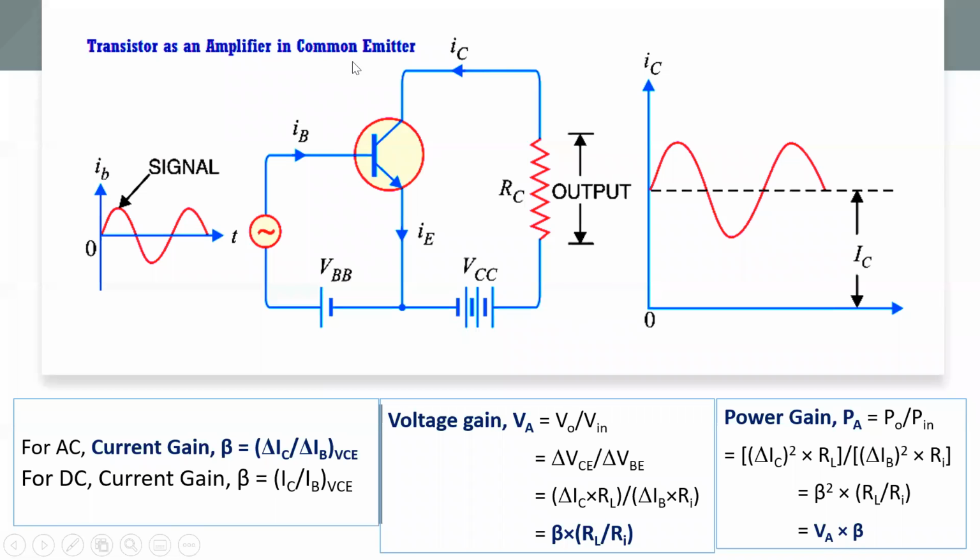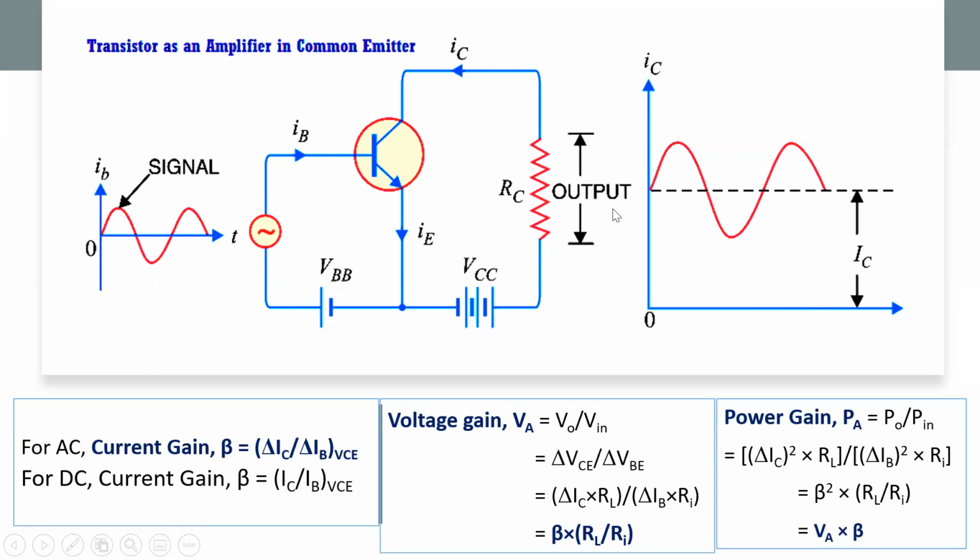And in a common emitter configuration, the AC input signal is given to the base emitter junction. Here we give the input signal and we take the output across the emitter collector junction. This output resistance is sometimes called RC or it can also be called RL, the load resistance.